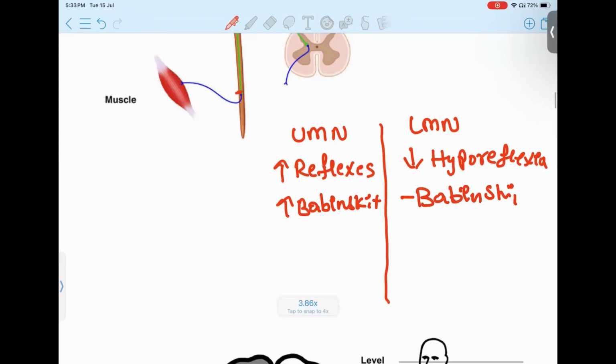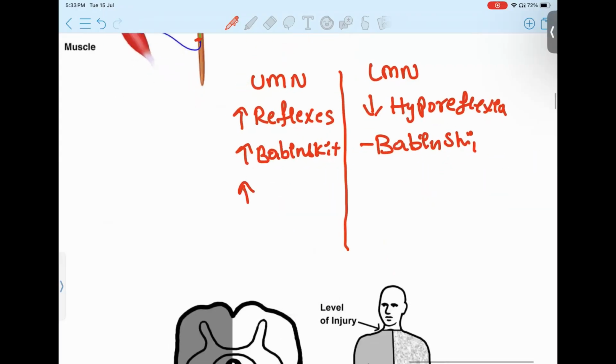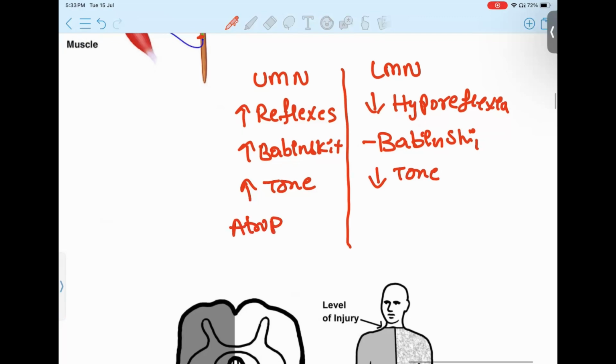The tone is increased in the upper motor neuron, whereas it is decreased in the lower motor neuron. There is no atrophy in the upper motor neuron because the muscle is always active, whereas the lower motor neuron, having hyporeflexia and less tone, will cause atrophy of the muscle.